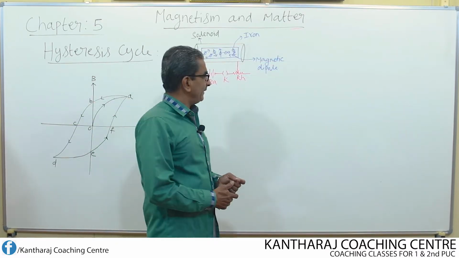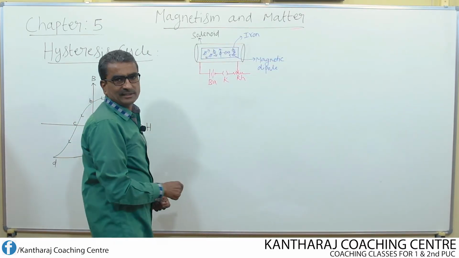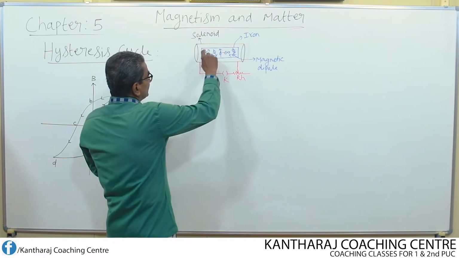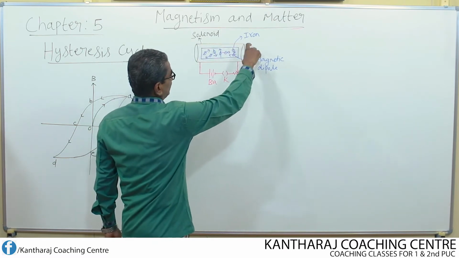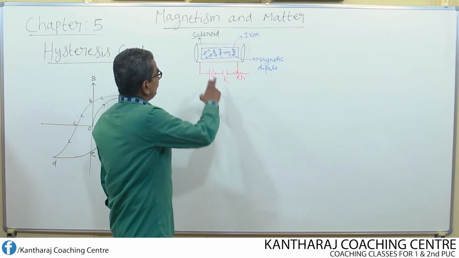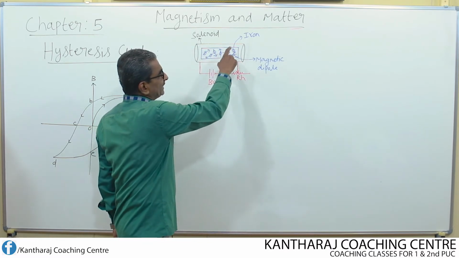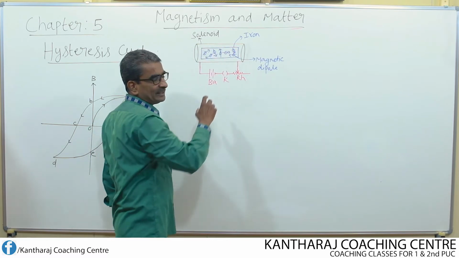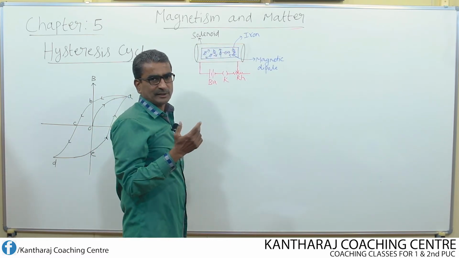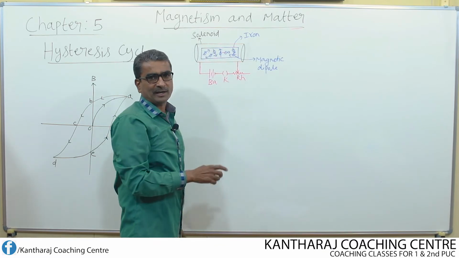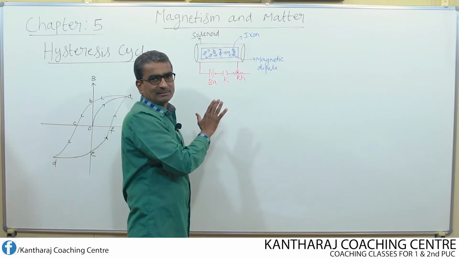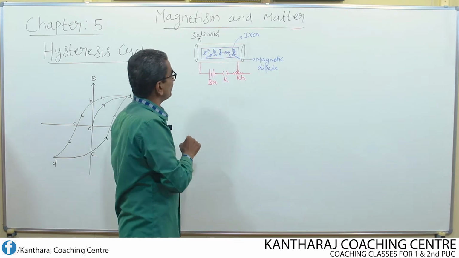In order to explain the hysteresis cycle, we consider one ferromagnetic material like iron, which is kept inside the solenoid. Here for simplicity, I have not drawn the copper coil for the solenoid, but you should keep in mind that the solenoid consists of a copper coil, and I have not drawn it because it is only an explanation.